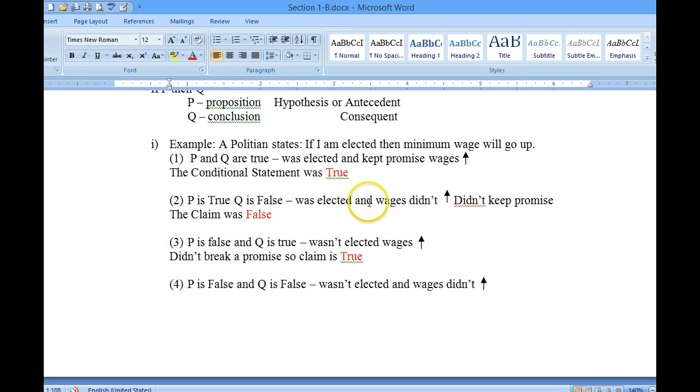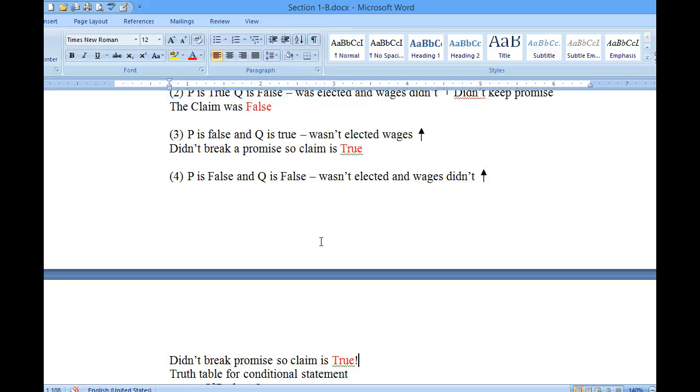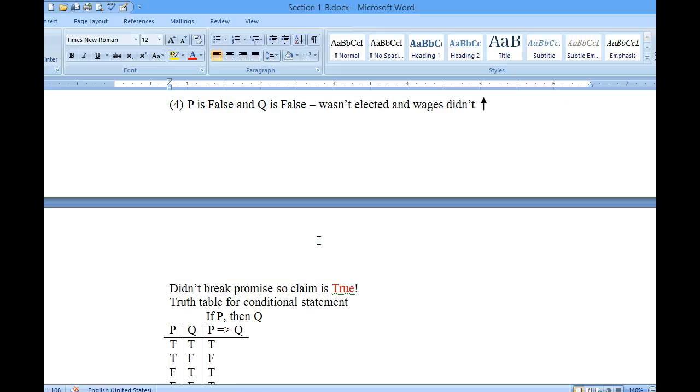If they got elected and they didn't keep their promise, then of course the claim is false. These ones, when the person isn't elected, or when you have a false proposition or hypothesis and the conclusion is different, the answer is true. The whole conditional statement is true.